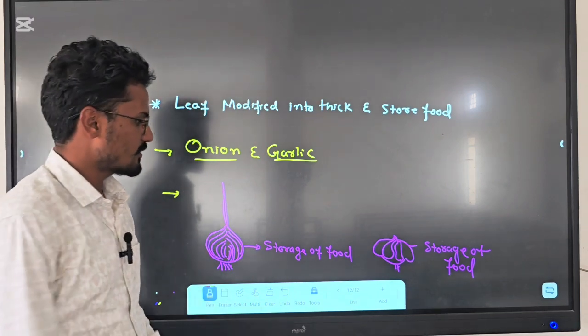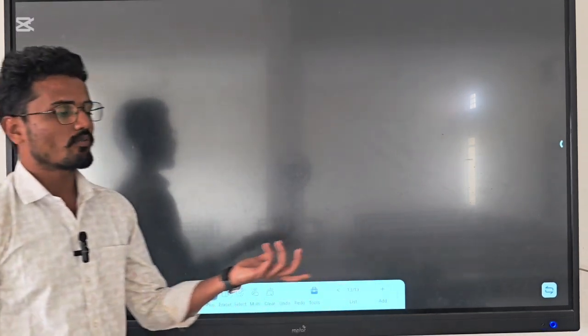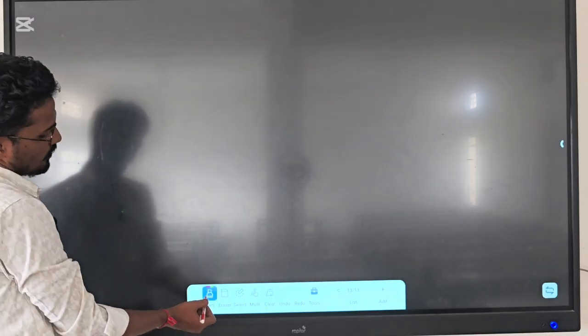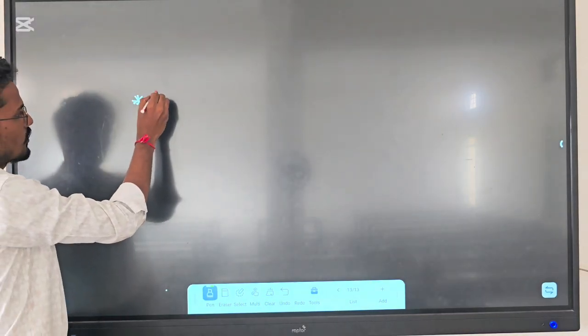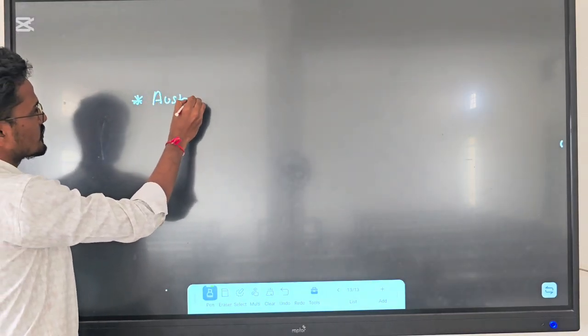Except these things, there is another type of modification, as we have studied in earlier classes. That is Australian acacia.